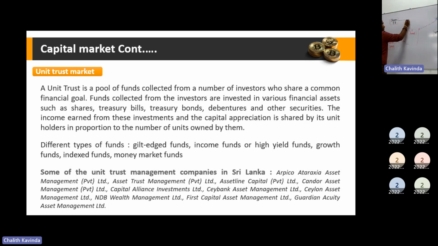Let's assume you invested 5 million into this unit trust fund. Accordingly, you are getting something called units. If you purchase shares, you are getting shares. If you invested in unit trust funds, you are getting units.